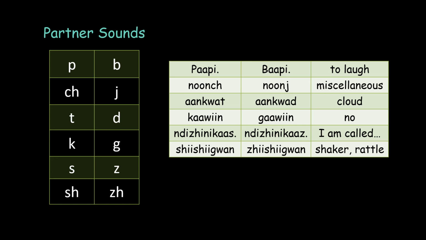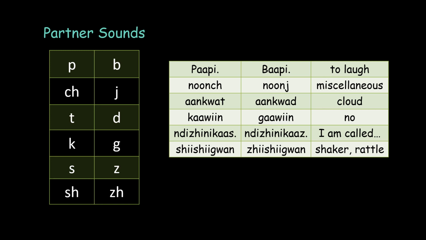Repeat after me. Pape, pape, is she or he is laughing. Nonch, nonch, which kind of means miscellaneous or all kinds of things. Anquat, anquat is a cloud.